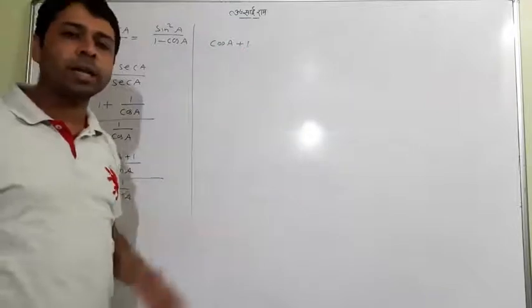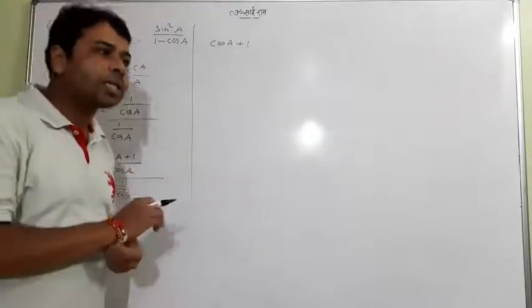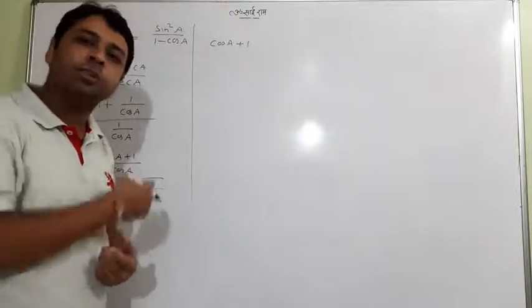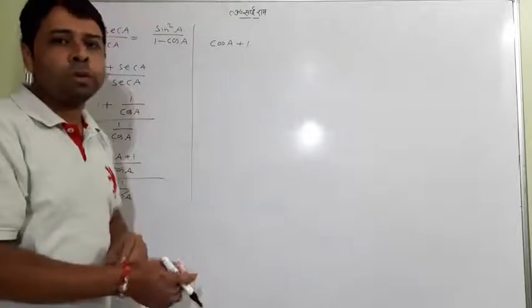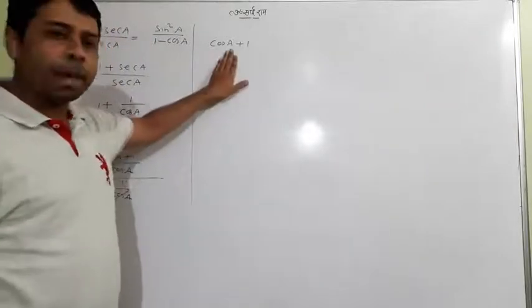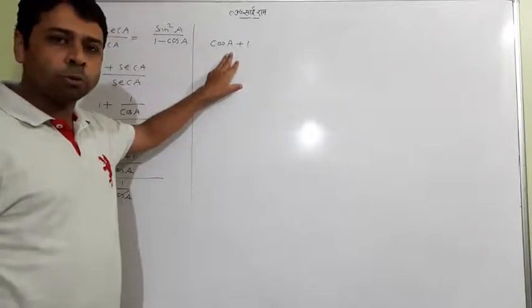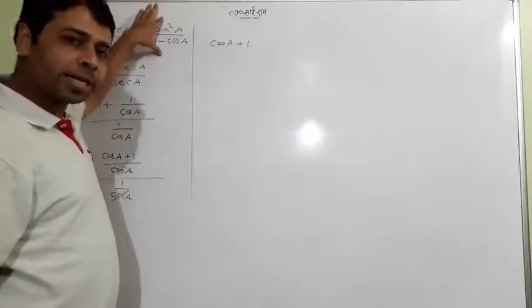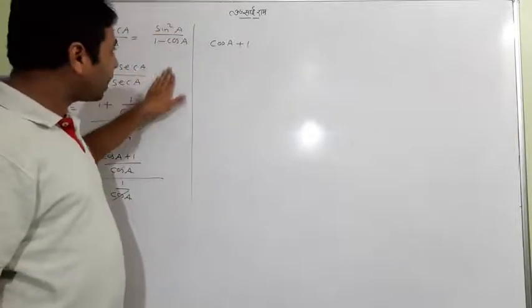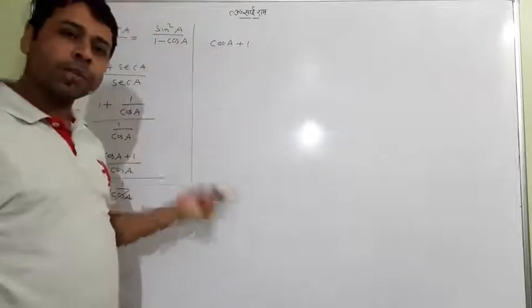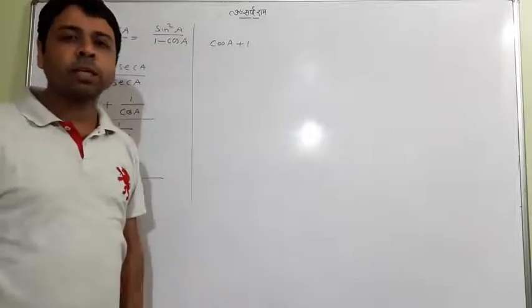That is again left hand side equal to right hand side. It is not necessary to go with the left hand side and reach the right hand side. Because cos a plus 1 is itself the simplest term, we are not able to do more steps now. So you can take the right hand side, simplify that also and reach till here. So left equal to right. That is another method.